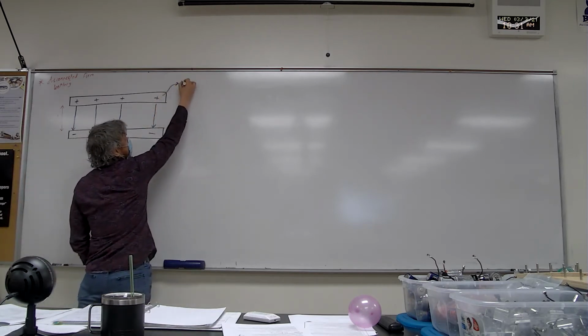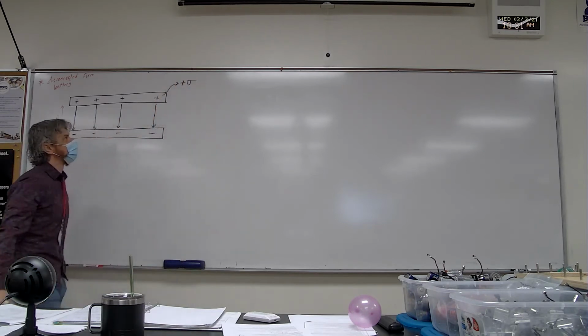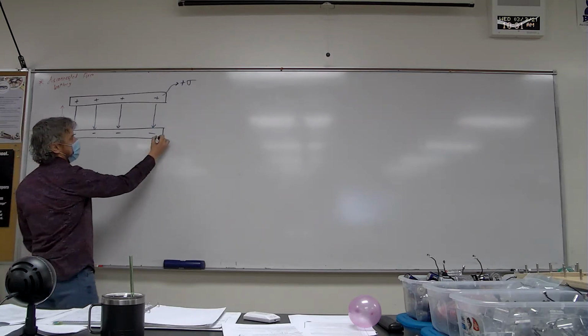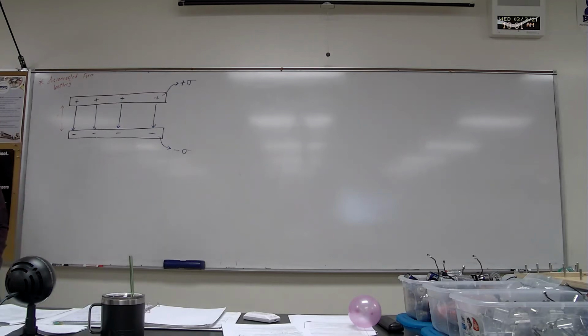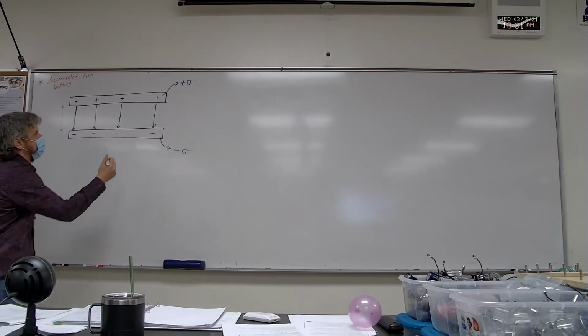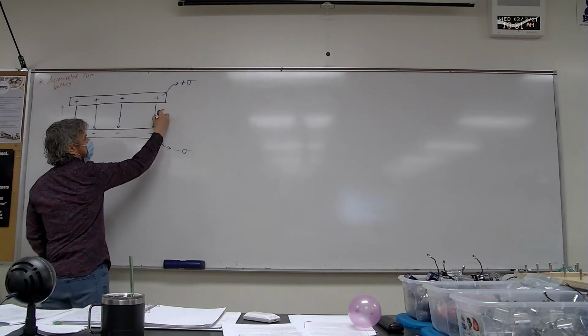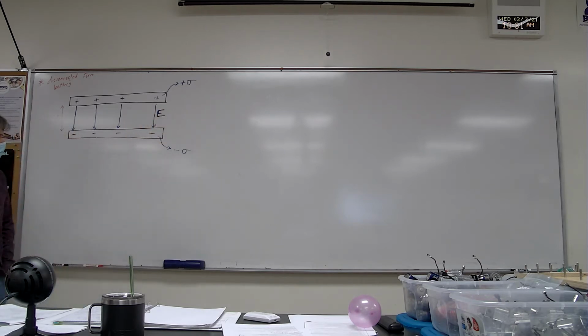So I can say there is positive charge density sigma on the positive plate, and then I will have negative charge density of the same magnitude on the bottom plate. And then I have an electric field established between the plates, electric field E. But then I'm going to throw an insulator in there.